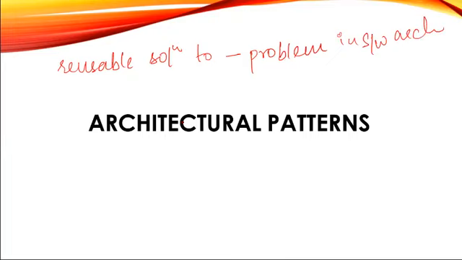Now these architectural patterns are going to give you an approach for identifying some of the behavioral characteristics of the system. That is, what is the behavior of the system?